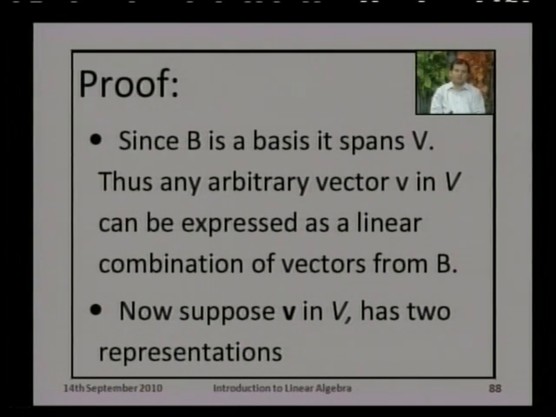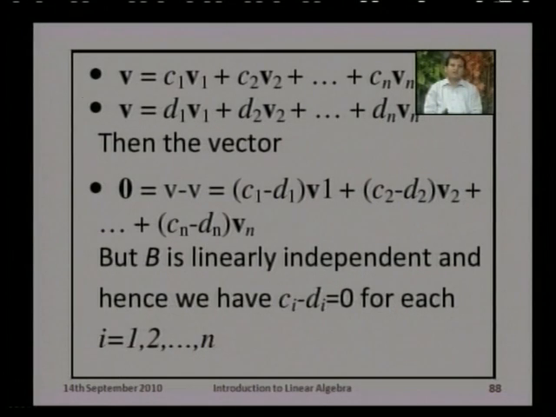So let us see the proof. Since B is a basis, it spans V. Thus any arbitrary vector v in V can be expressed as a linear combination of vectors from B. Now suppose v in V has two representations, then you can see that their difference gives you 0 and therefore each coefficient must be 0.